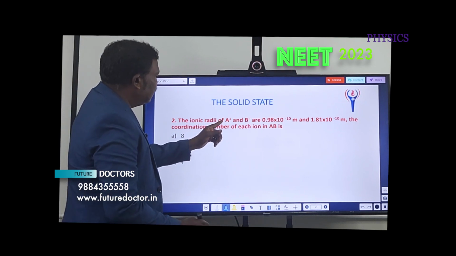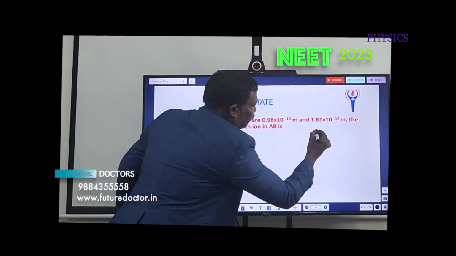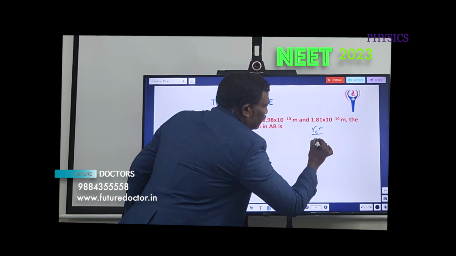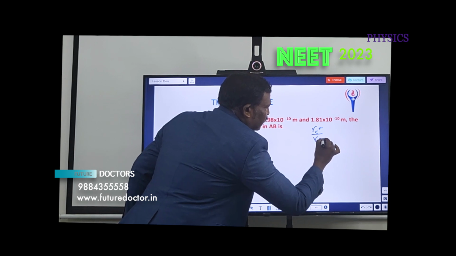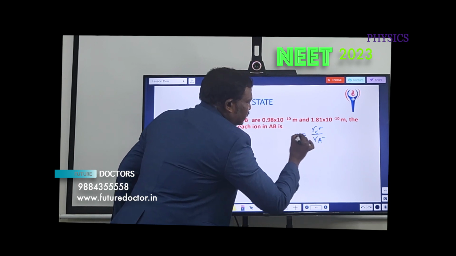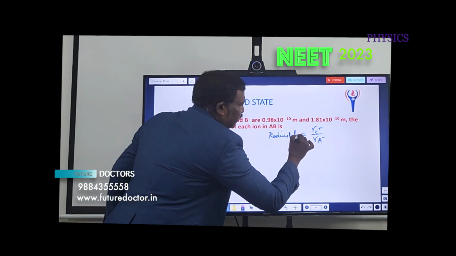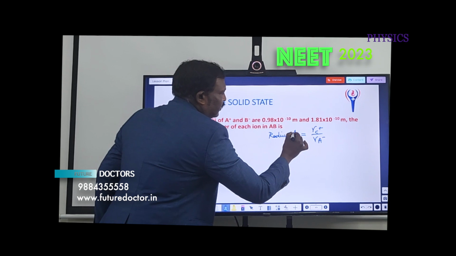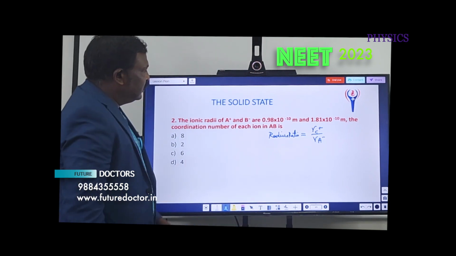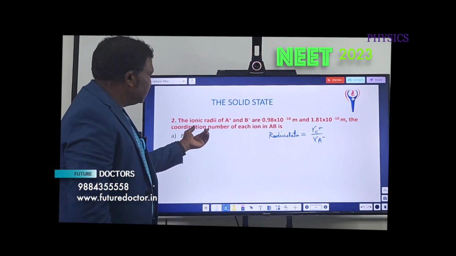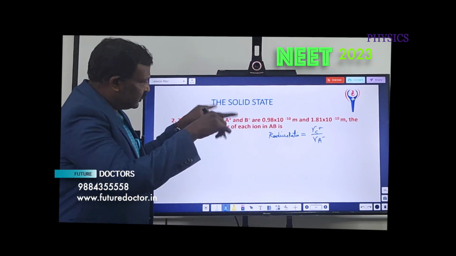Simply write radius of cation by radius of anion, which is called the radius ratio. Understood? This is a formula. From this only we can decide which coordination number it is.